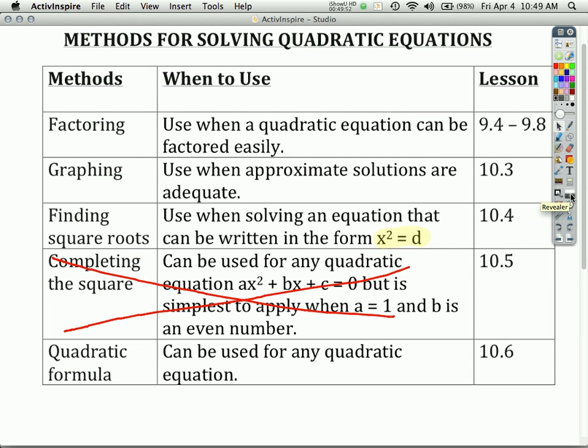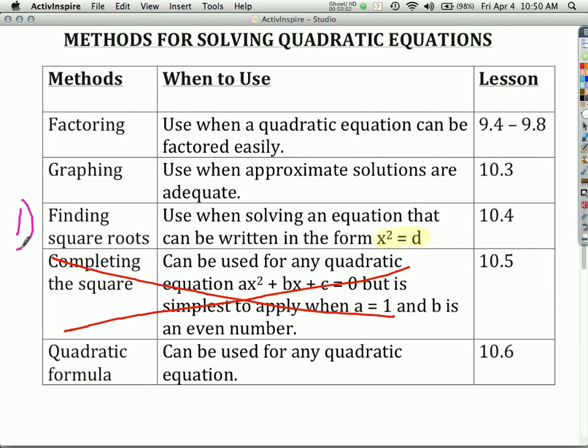Here is what I think the sequence should be from now on. I think you should try to do square roots first. That is by far the easiest. Second, you should try to do factoring. And third, you should do the quadratic formula.